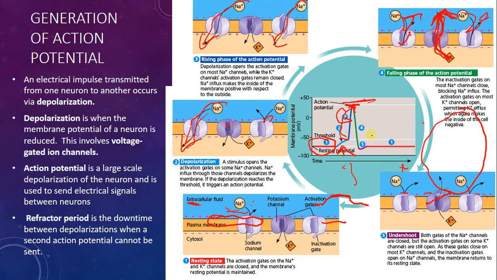5. It's called the undershoot. Now all of the sodium channel gates are closed, but some of the potassium channels are still open, even though we made it back to the resting potential.